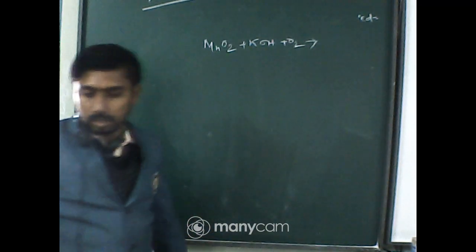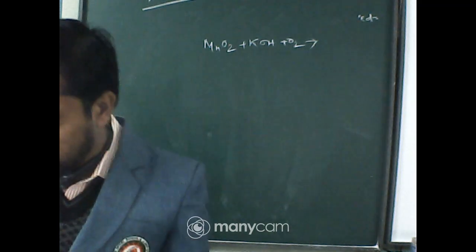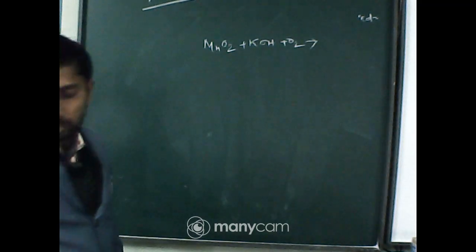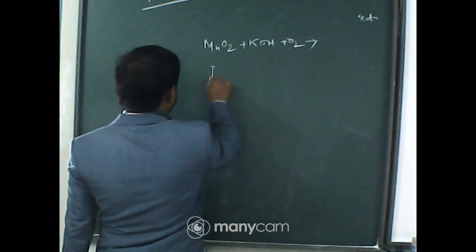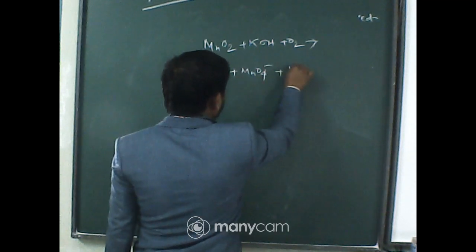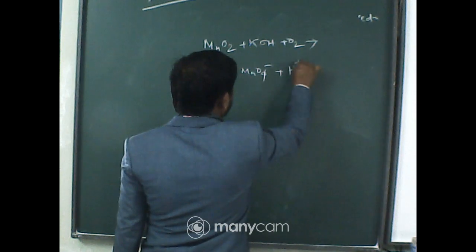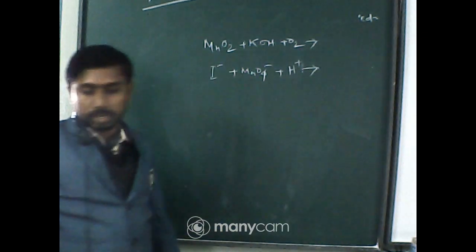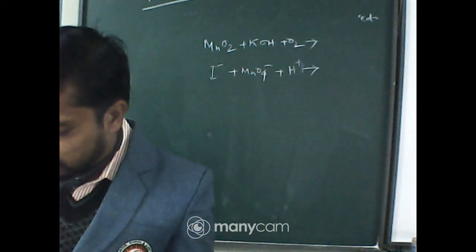This is one. Next one is I minus plus MnO4 minus plus H plus. This is number 2. And number 3 is Cr2O7 2 minus plus Sn2 plus plus H plus.